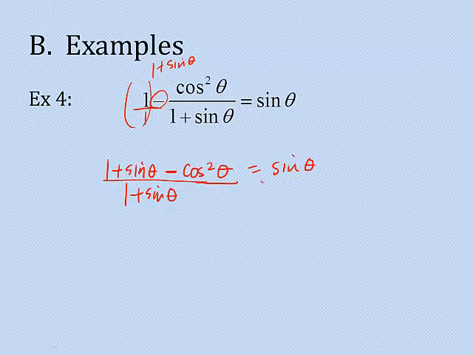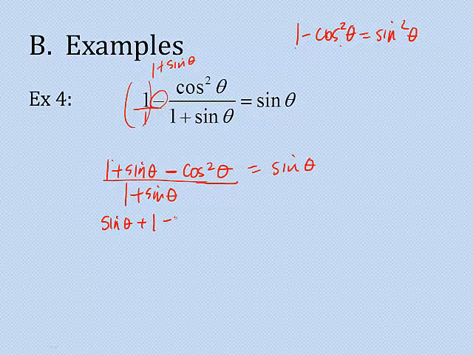Now, I'm going to rearrange this just a little bit because I know that there's an identity on my chart that says 1 minus the cosine squared of theta equals the sine squared of theta. So if I can get the 1 minus the cosine together, I can replace. So I'm going to move the sine over and then put plus 1 minus the cosine squared of theta.